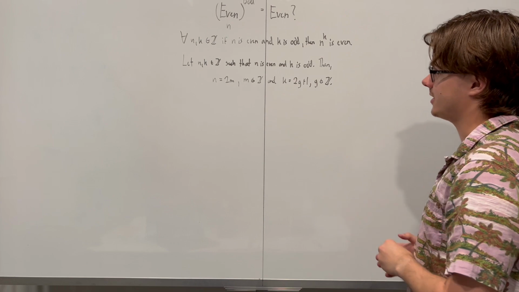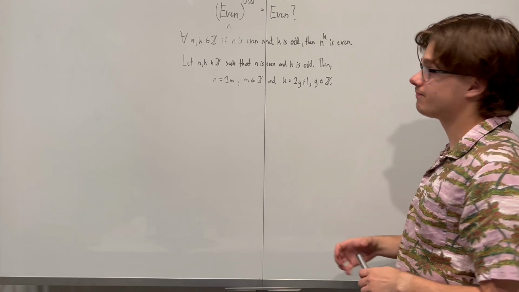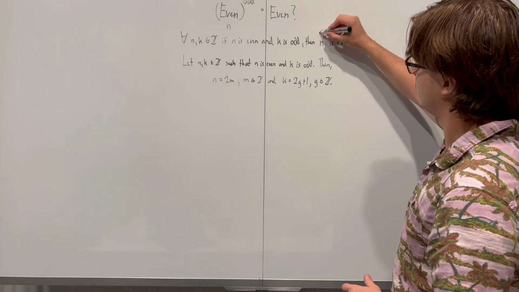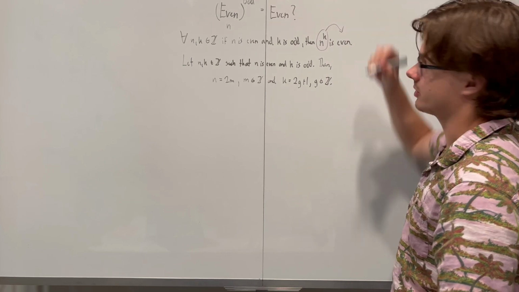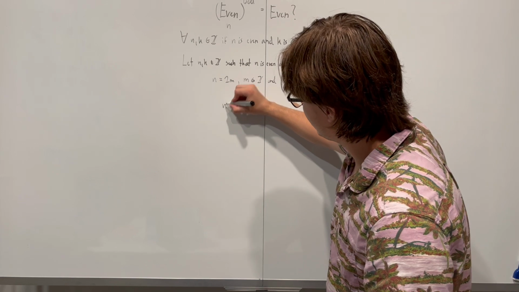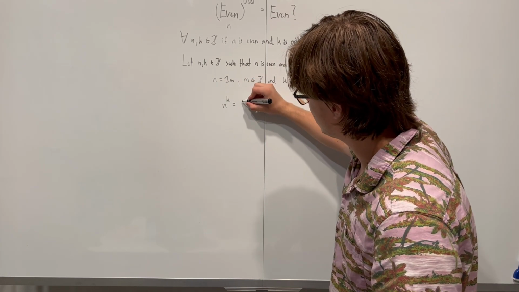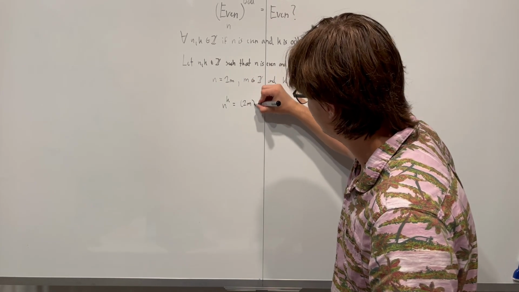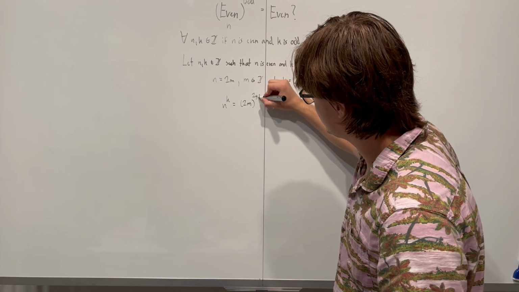Okay. Fantastic. Next, we're going to try writing this out and see if we can get it to look like an even number. Let's write down n to the power of k is going to equal (2m) to the power of 2g plus 1.